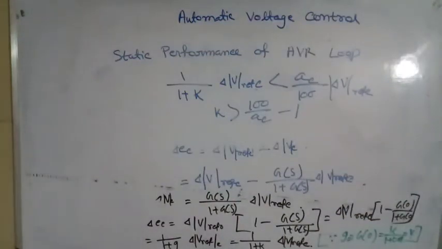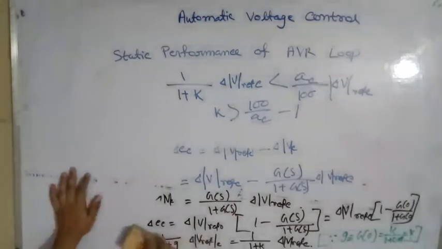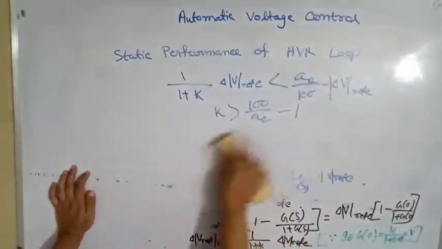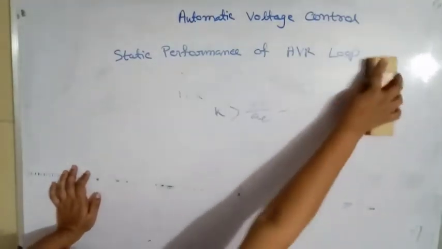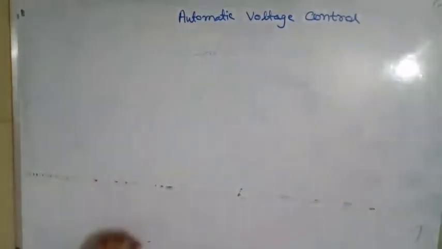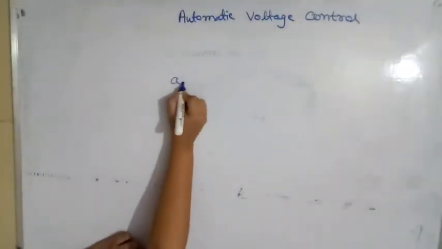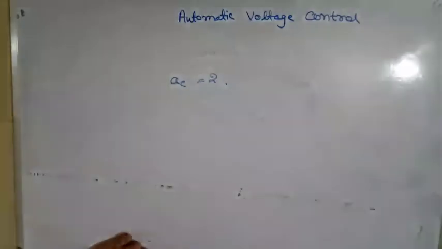Now next we solve a problem. Find the open loop gain of an AVR loop if the static error does not exceed 2%. Question. The maximum static accuracy limit is 2%, that is AC is equal to 2.